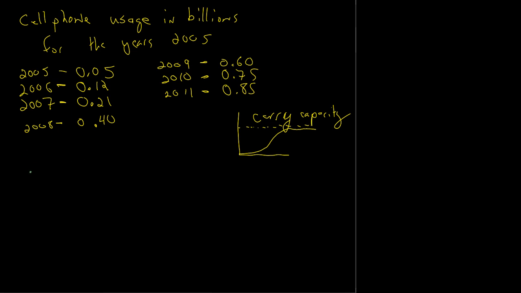So we'll say usage from time. Now I'm going to measure time. I'm going to call this year 0, and this year 1, and this year 2, and this year 3, and so on. I'm going to count time from 2005.